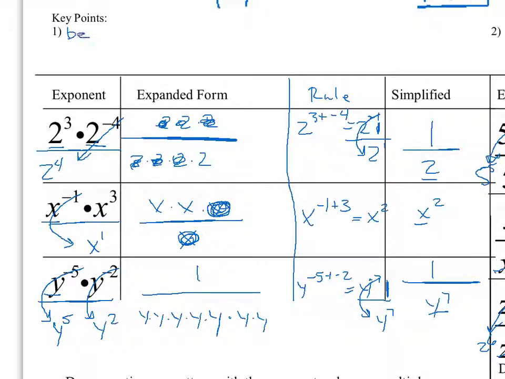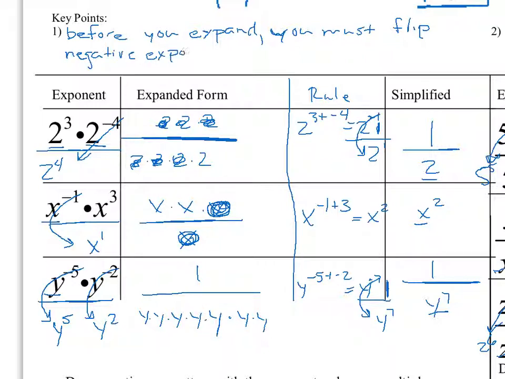So what I hear her saying is before you expand, you must flip negative exponents over the fraction bar.